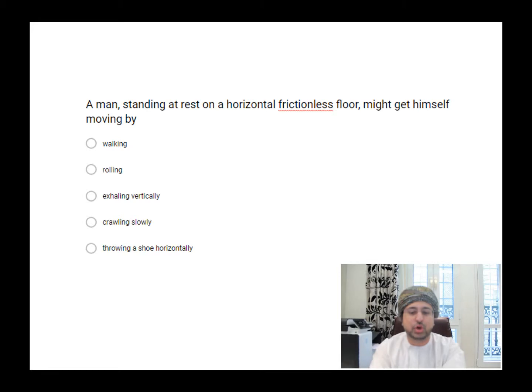Horizontal, and there is no friction, which means, unlike on Earth, where normally when we want to move, we push on something with our foot and we move, if there's no friction, we cannot push. It's like one of those really funny internet videos where someone's trying to run, or in cartoons like Tom and Jerry, when they have an oil slick and they're trying to run and they're just going nowhere but just moving at the same place. Think about it.